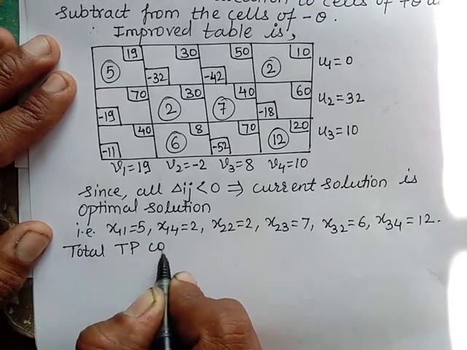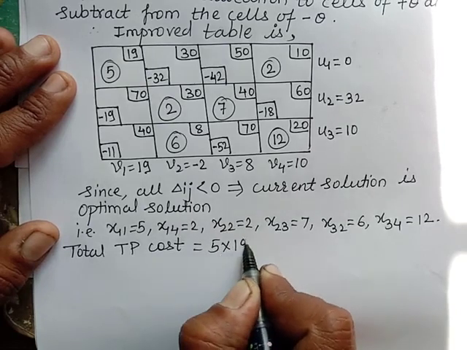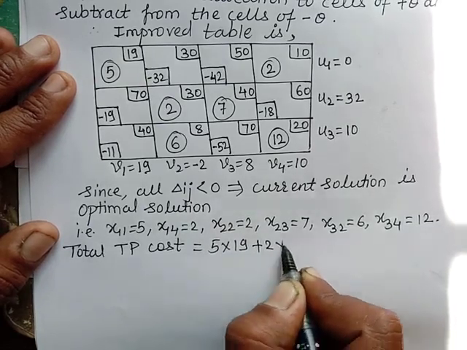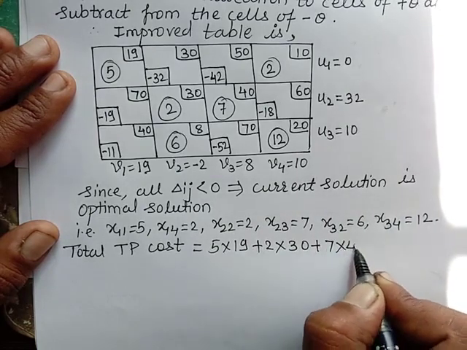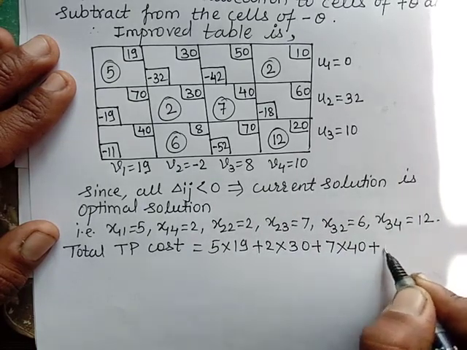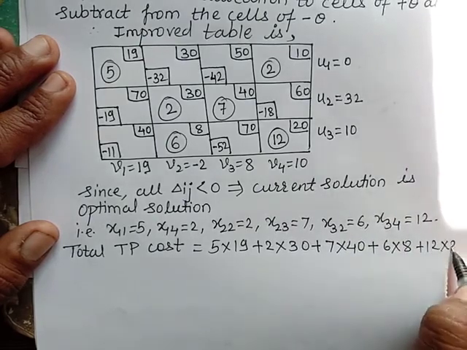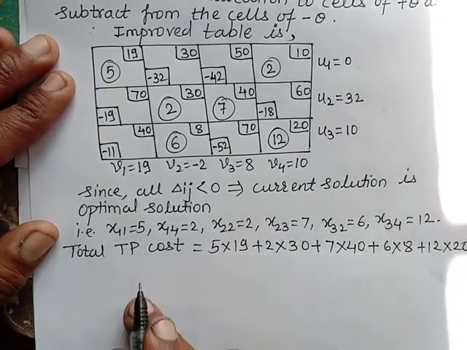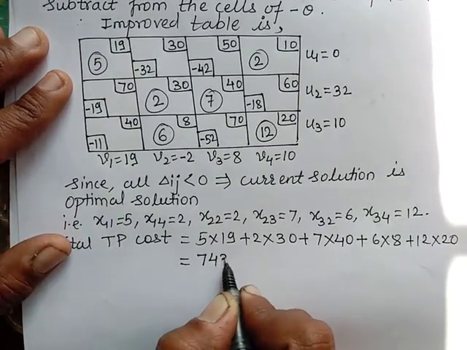Okay, and the total transportation cost is equal to 5 into 19 plus 2 into 30 plus 7 into 40 plus 6 into 8 plus 12 into 20. So that addition is 743 rupees.